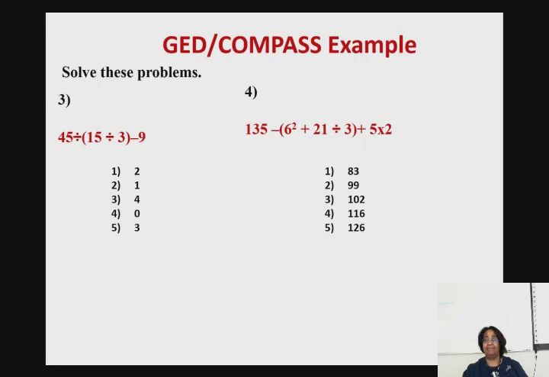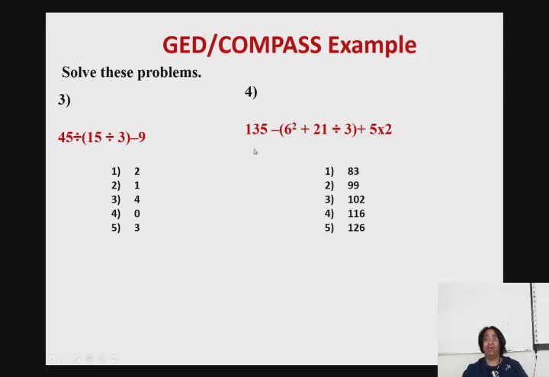What did you get for 21 divided by 3? 7. So 36 plus 7, how much is that? 43. And then you need to go to 5 times 2 is 10.